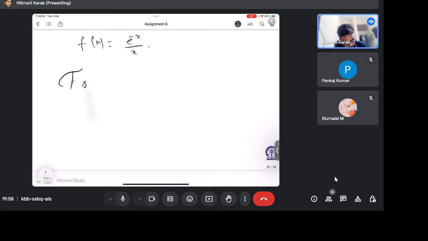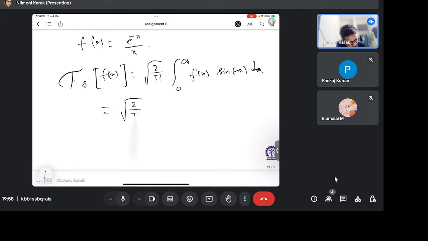So the integral of f(x) is root 2 by pi, 0 to infinity f(x) sin alpha x dx, which is root 2 by pi, 0 to infinity e to the power minus x by x sin alpha x dx.